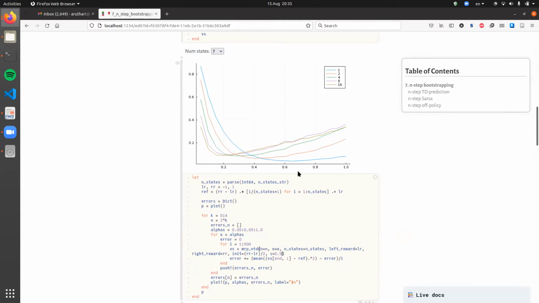Interestingly, in this case, the best performance is observed with n equal to 1. And let's have a look at a larger number of states.